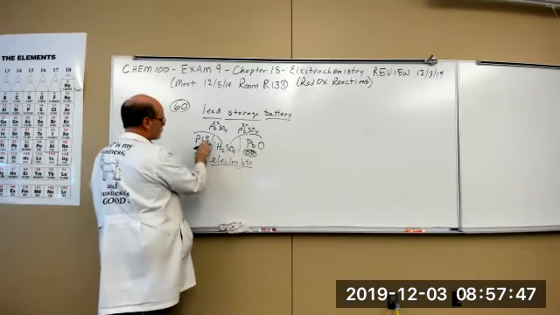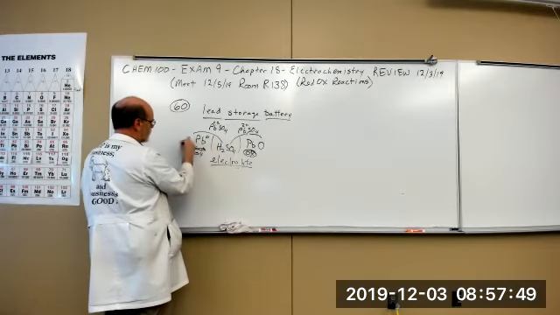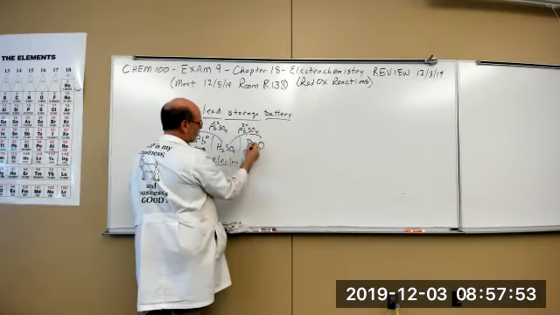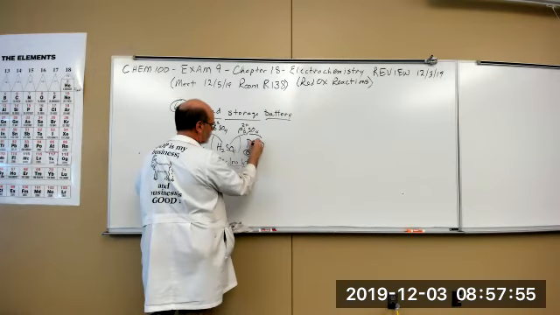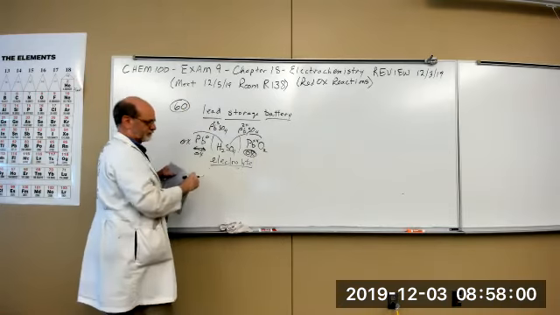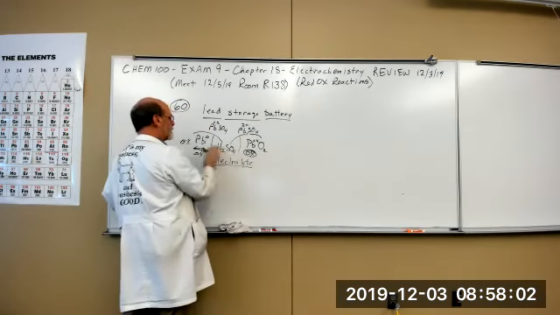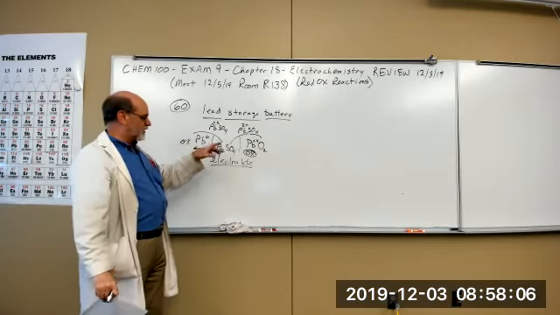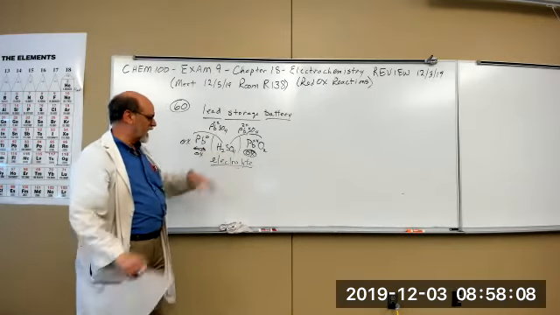If this one's going from 0 to that one, it's oxidized. So this one has to be reduced. So if it's going to 2+, this one has to be +4. There you go. So this one's being reduced, this one's being oxidized. And the participant in the reaction for both of them is sulfuric acid.